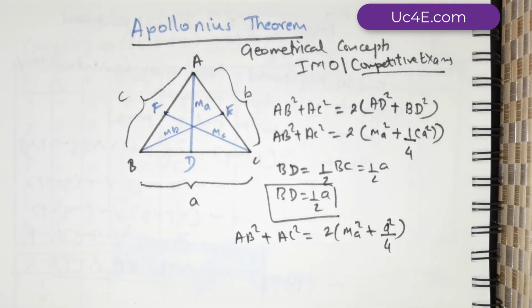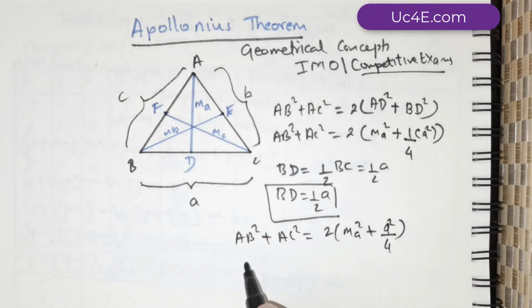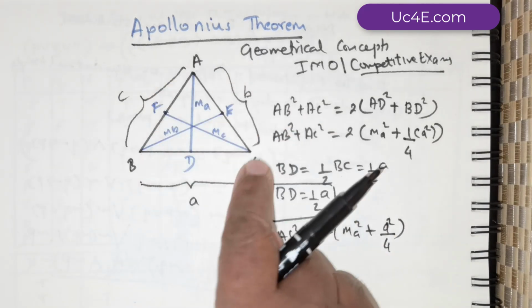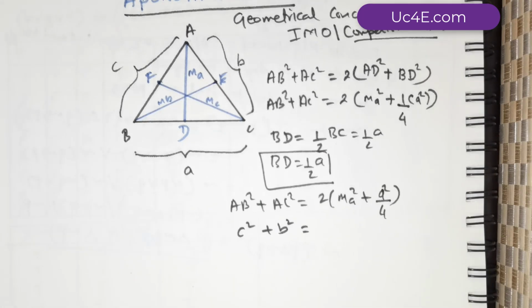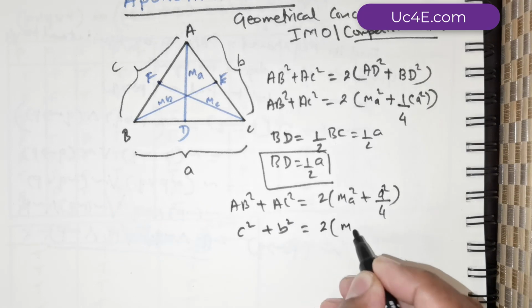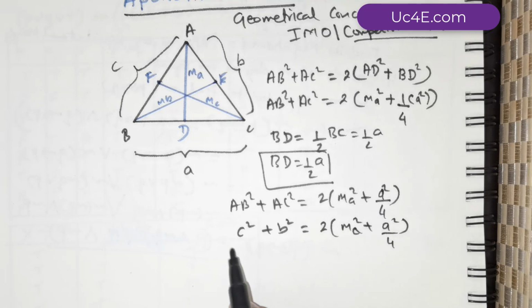And AB is C units, right? The length is C. And AC is B units. So it's going to be B squared. So I now have a beautiful formula, which is C squared plus B squared is 2 times MA squared plus A squared over 4. So this is the formula.